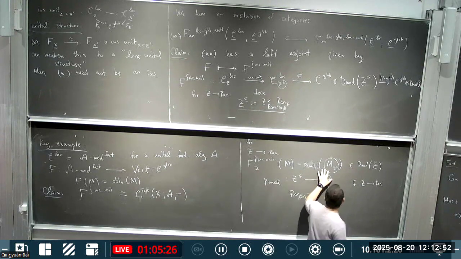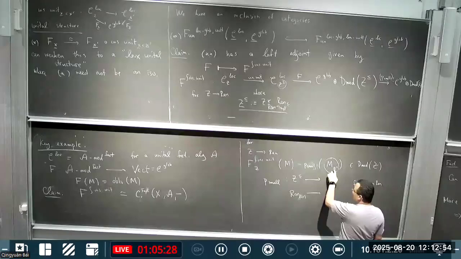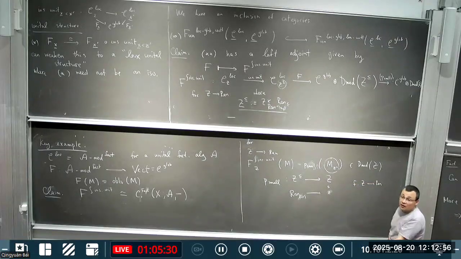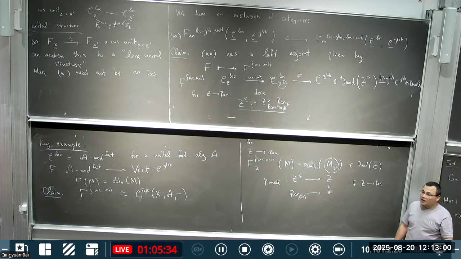So this is what I've been calling, since Z was a point, this would be really factorization homology with coefficient in that module at that point. So the claim is completely tautological. The claim is tautological now.